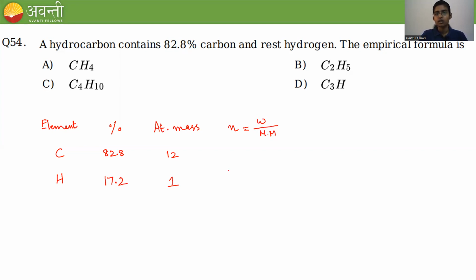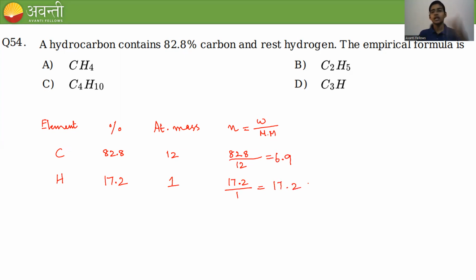So for carbon, the given mass is 82.8 and the molar mass is 12. What is 82.8 divided by 12? It is 6.9. And for hydrogen, it is 17.2 divided by 1. So it is 17.2.